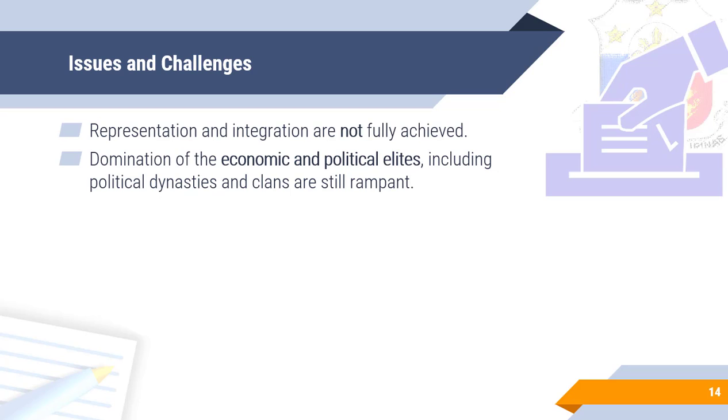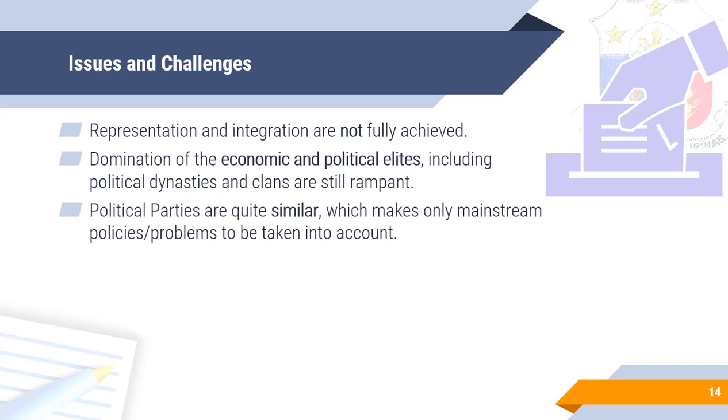Father, mother, son and daughter in a single family running for different positions within a congressional district. In some extreme cases, family feuds are even brought out during elections, and some of these result in violence which takes lives not just of their family members, but of innocent civilians as well.